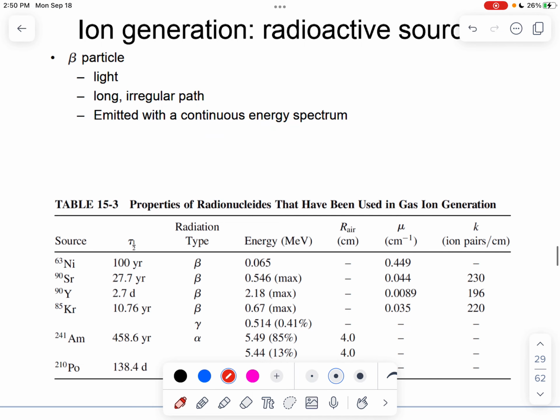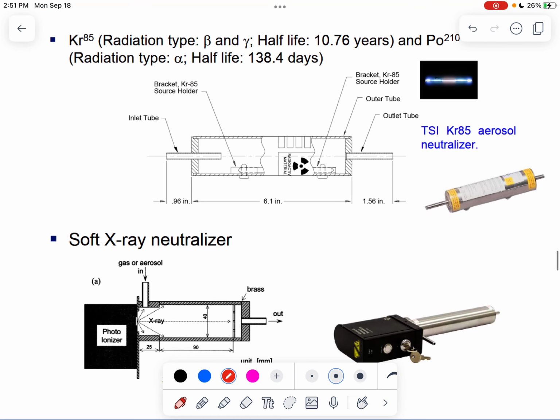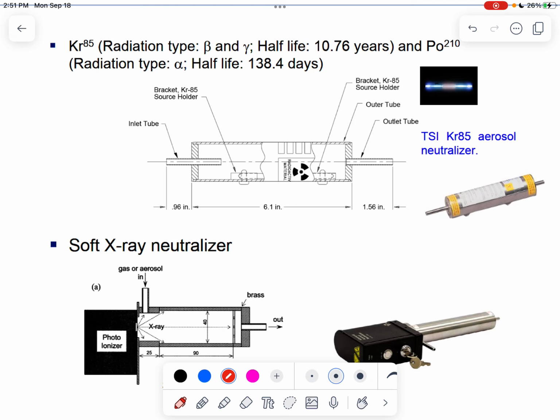And then there are also sources generating beta particles. Basically, these are just electrons generated from the radiation, right? So the commonly used one is just the krypton. They have different half-lives. Krypton has a half-life of 10.76 years, and polonium has a half-life of around 140 days.